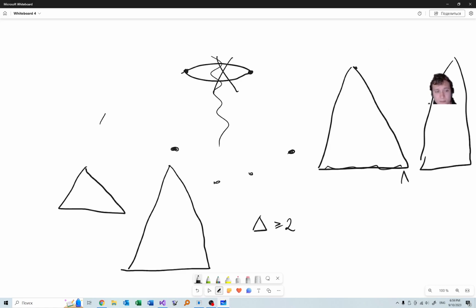Why? Because let's take some leaf from here, some leaf, and let's take any vertex of here, and it has a parent here, and it has a parent here.